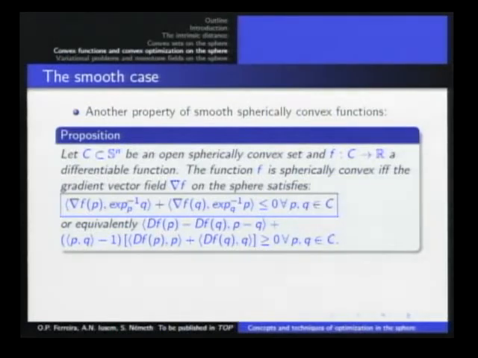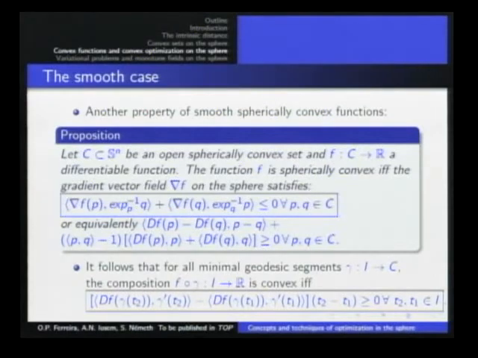But if you want to write it in terms of the gradient as a function on R^n, it has this larger expression, but it says basically the same thing, and this is equivalent to this: gradient of f at x minus gradient of f at y, scalar product with x minus y, greater than or equal to 0. So this is it.